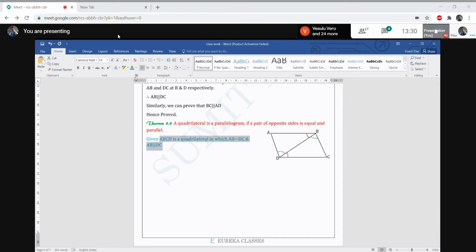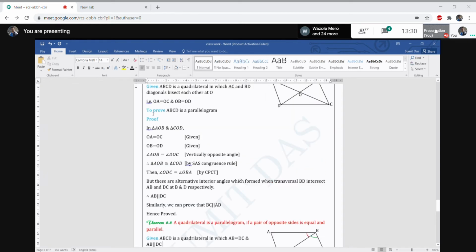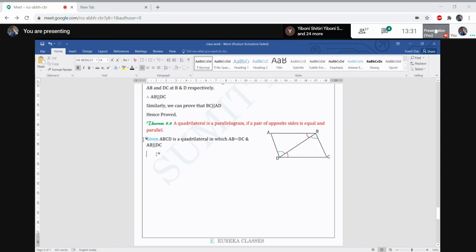That is given, that in a quadrilateral, if a pair of opposite sides is equal and parallel, then it is a parallelogram. What we have to prove? We have to prove ABCD is a parallelogram.